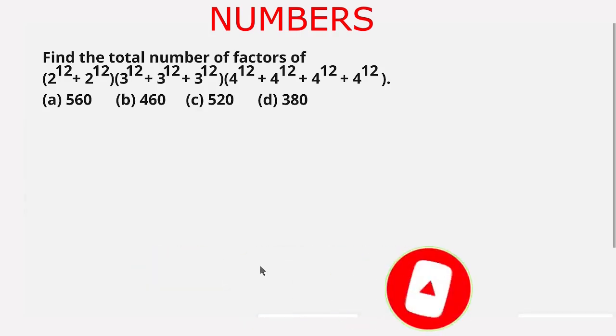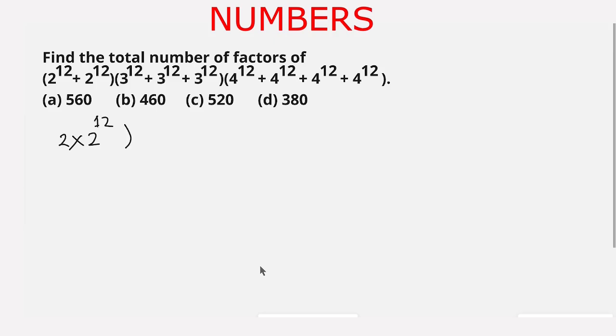The given number has 2 to the power 12 for 2 times, multiplied by 3 to the power 12 for 3 times, multiplied by 4 to the power 12 for 4 times. So the number can be written as 2 multiplied by 2 to the power 12 in one bracket, into, in another bracket, 3 multiplied by 3 to the power 12, multiplied by, in third bracket, 4 multiplied by 4 to the power 12.